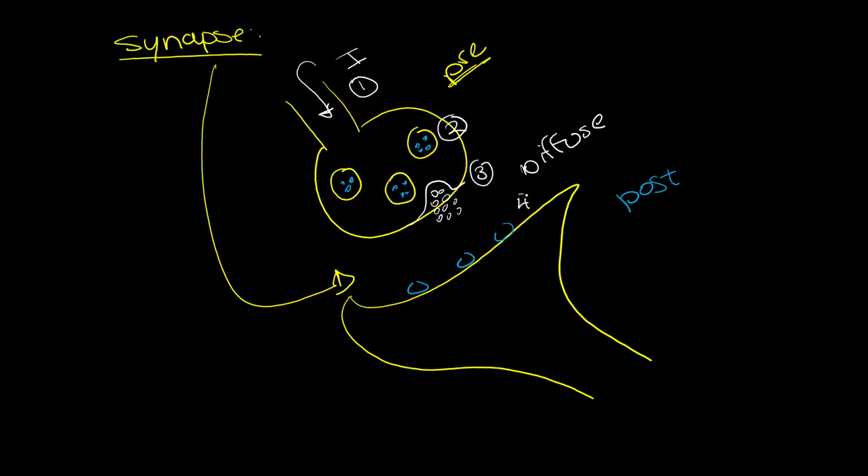And then point 4, they will bind with the complementary receptor, and when this is successful, this will generate an impulse in the postsynaptic nerve cell. So this point, which is common, is answered in 5 steps.